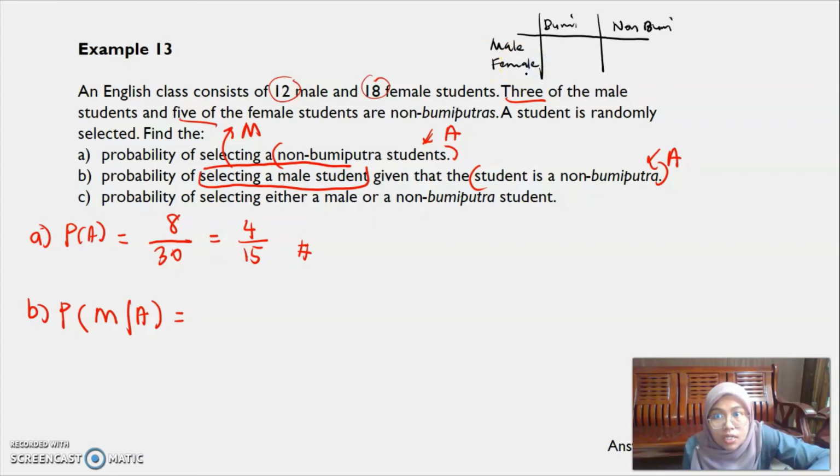For the total, for male we have 12, for female we have 18. 3 of the male are non-Bumi, 5 of the female are non-Bumiputra. So this is the information from the table.